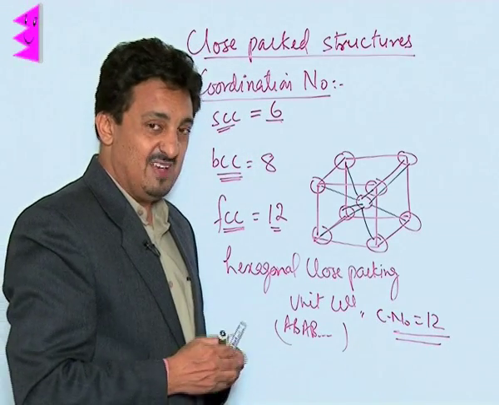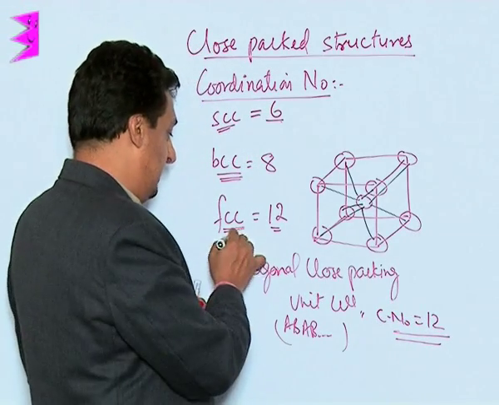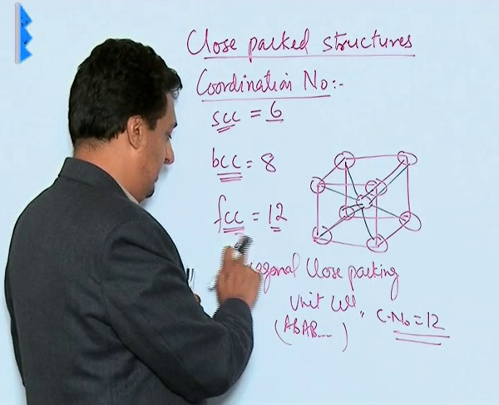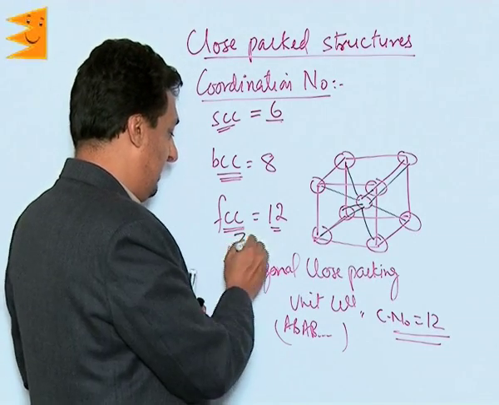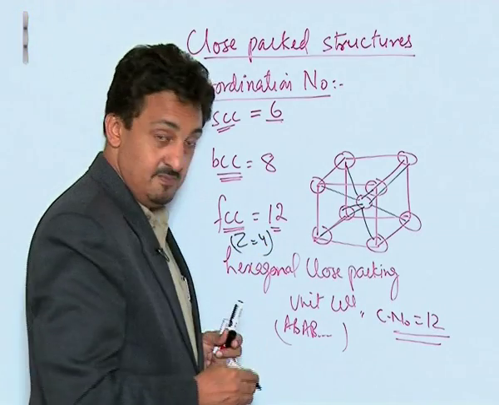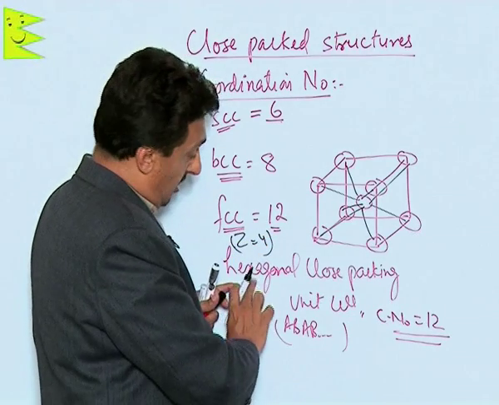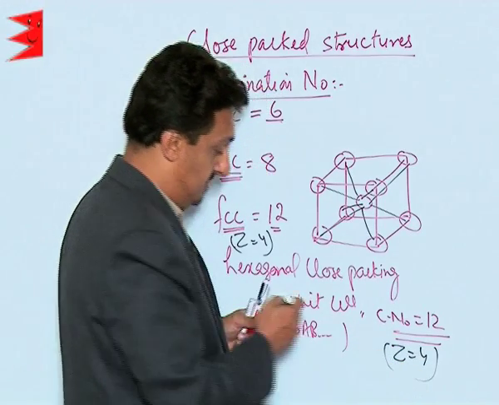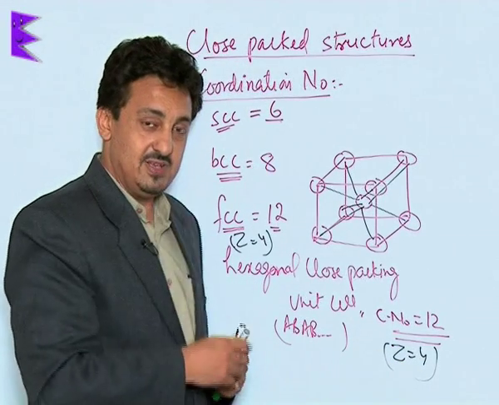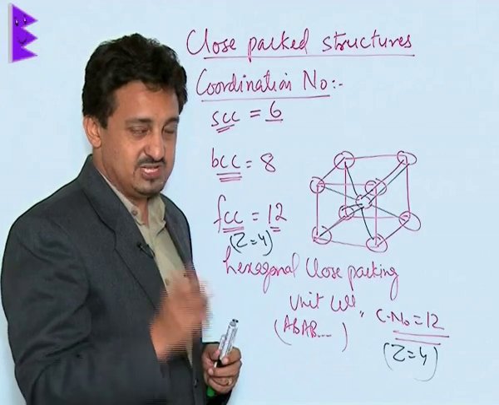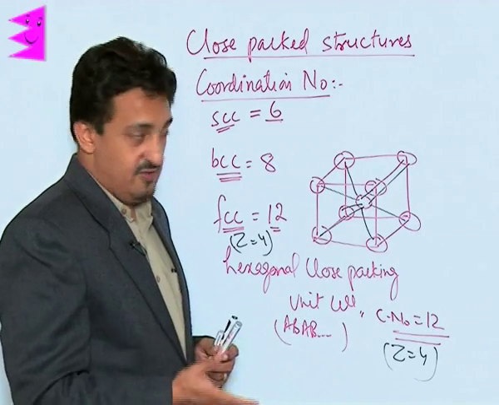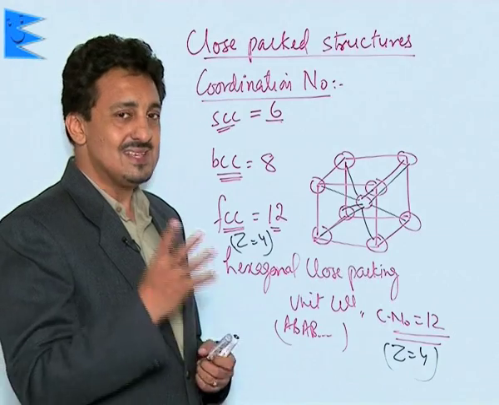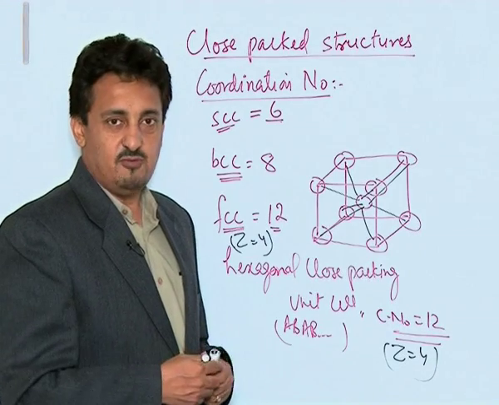So the biggest thing we can make out is, since we know the Z in case of FCC is 4 and the coordination number of the hexagonal unit cell is also 12, its Z will also be 4. That means both of these types of unit cell will have the same number of particles per unit cell, 4. So this is very valuable information which everybody must know. Now let us study the types of voids we have.